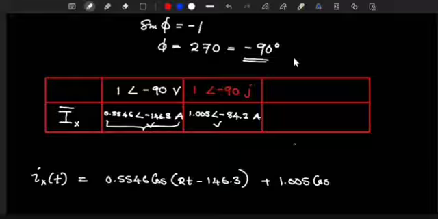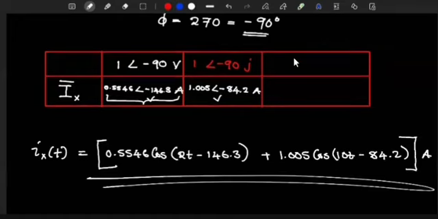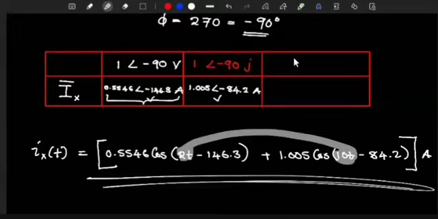The angular frequency for the second one, we have 10t, and then minus phase angle 84.2. So this is what we have. So this becomes the answer. In this case, the two expressions are different based on this part, so we can just leave our answer in this form. So this becomes our final solution.